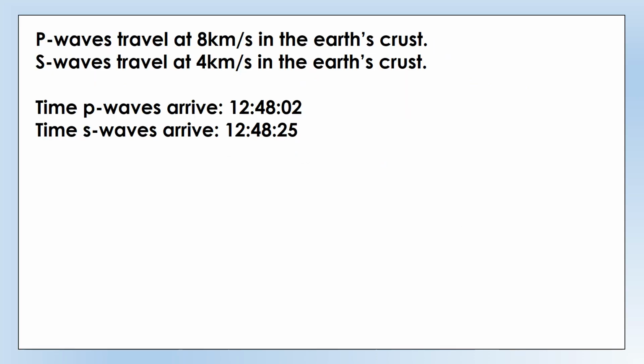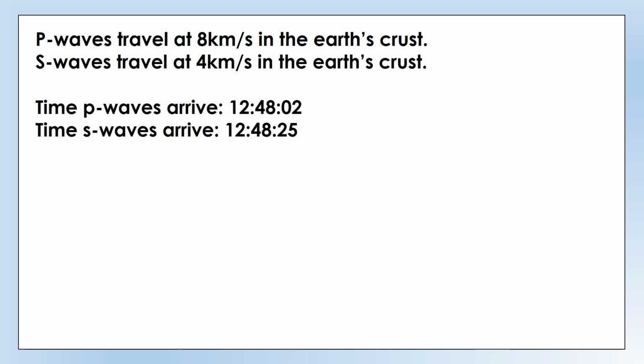So just to give you an example of this in action, so you see how it works. So let's say P waves travel at 8 kilometers per second in the Earth's crust, S waves travel at 4 kilometers per second, and we know they travel slower, so that kind of makes sense. And let's say we measure these times of arrival. Now, we don't know the time at which the earthquake was emitted.